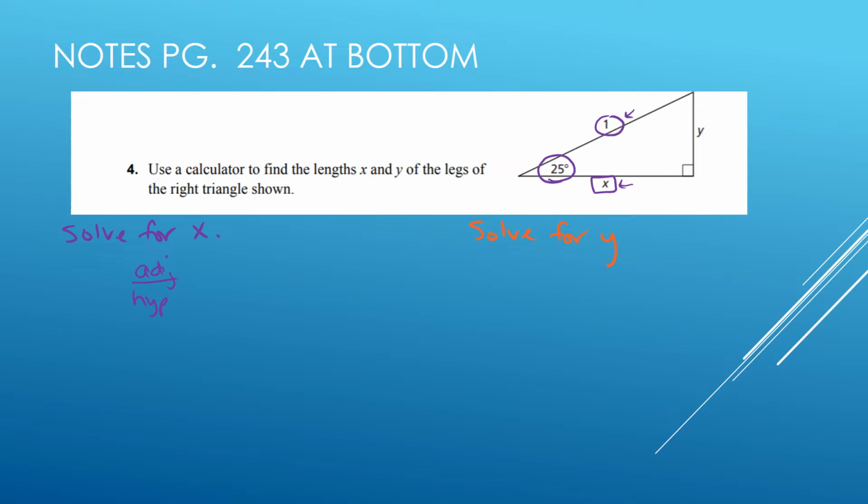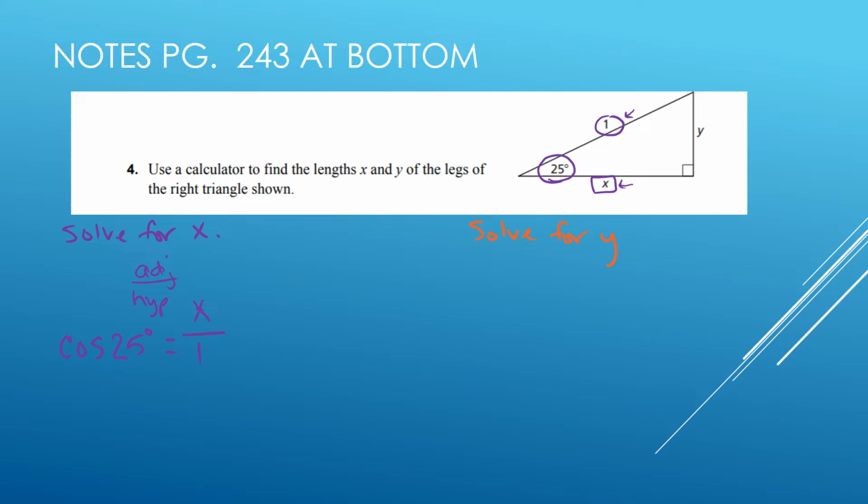Then you have to determine which trig function gives you adjacent over hypotenuse. Once you decide that that's cosine, you set up the equation as cosine of the angle 25 degrees is equal to, and then one of these should be a variable, which makes sense because the adjacent is going to be the variable, and the hypotenuse is going to be 1.